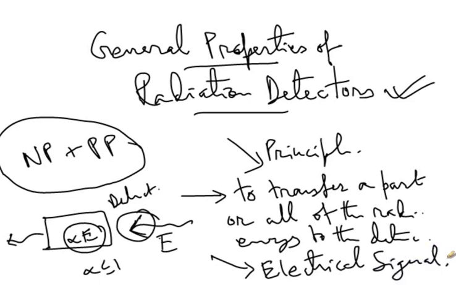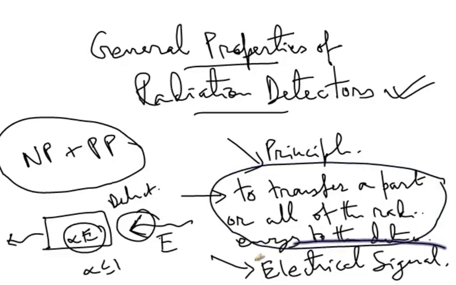So this is the input and this is the output. This entire game is about transferring and then detecting, and after getting the signal, there are many important steps where we analyze this signal.